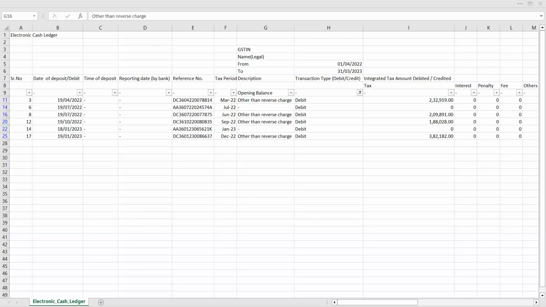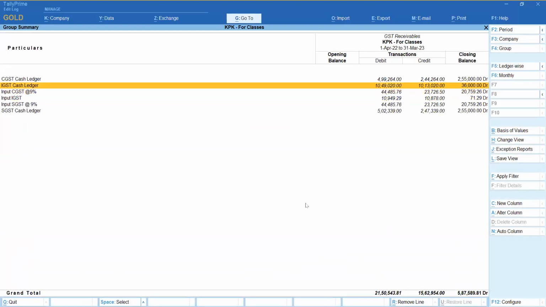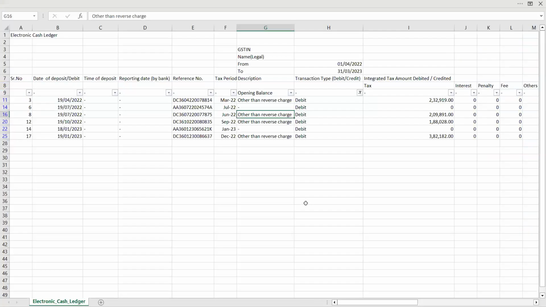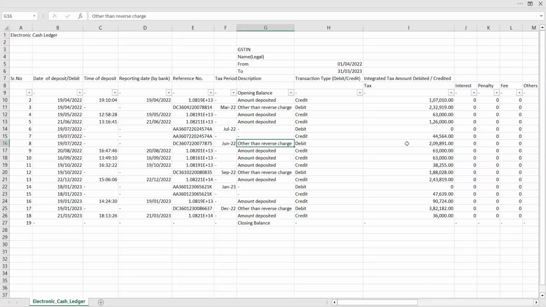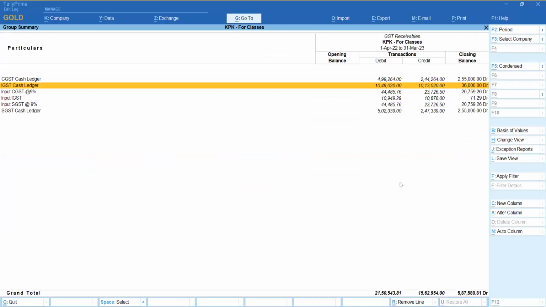So the same thing I have captured in Tally. Now I'll just show you the Tally. If I go to the cash ledger now, let me see which is the 44,564 IGST.